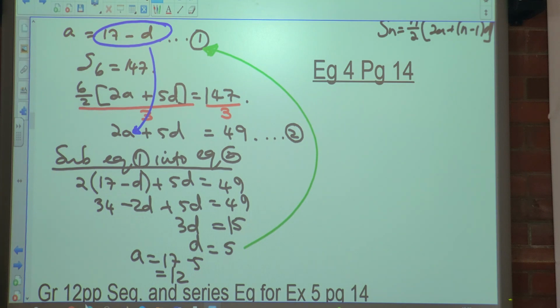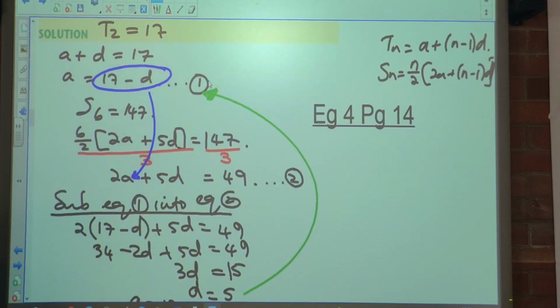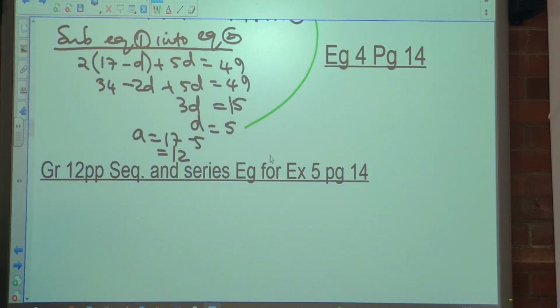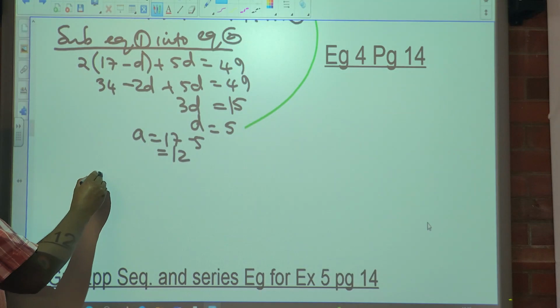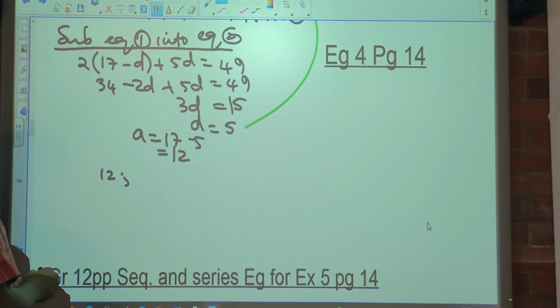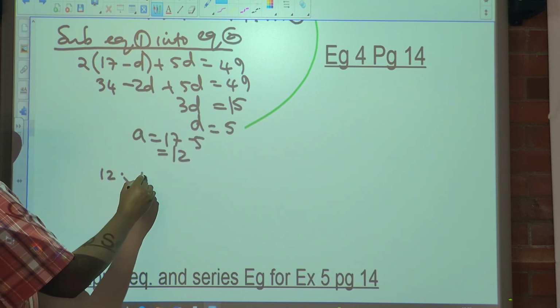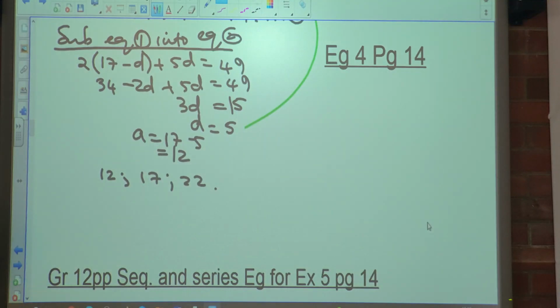Have I answered the question? What was the question? Determine the first 3 terms and the nth term. So we know the first term will just be 12, which is a. The next one is a plus d, which is 12 plus 5, which is 17, plus 5 is 22. So these are the first 3 terms.